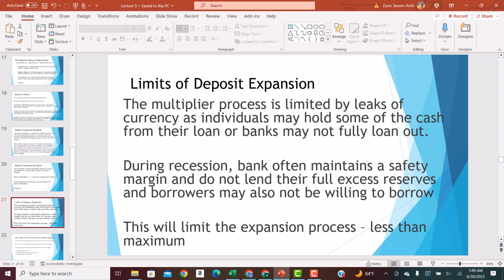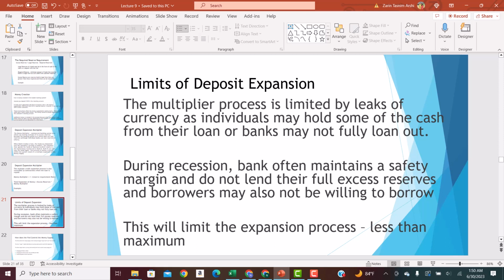The second thing that can limit the deposit expansion is when the economy is not doing well, and there is a recession. Banks want to feel more comfortable, so they're very careful in giving out loans. Sometimes they will not lend out their entire excess reserve.